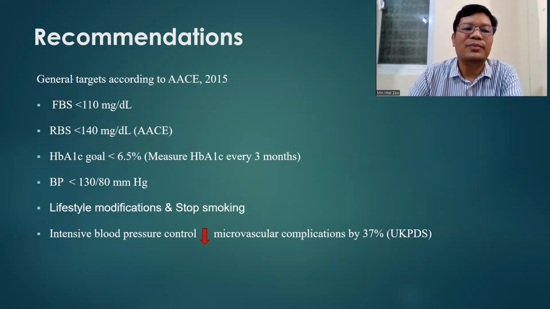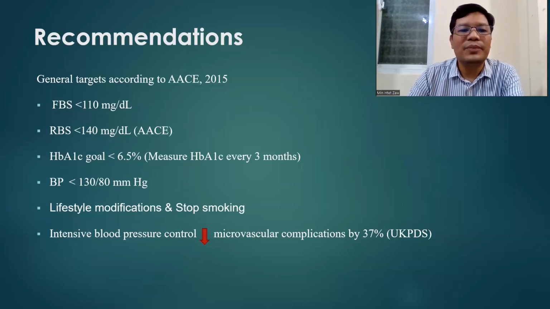But generally, the fasting blood sugar should be maintained below 110 milligram per deciliter to prevent and control complications of diabetes. Random blood sugar should be below 140 milligram per deciliter. Hemoglobin A1C level should be below 6.5%, and blood pressure should be 130 over 80 millimeters of mercury. Again, this is roughly the general idea, and your healthcare professionals will give you specific targets that are suitable for you.